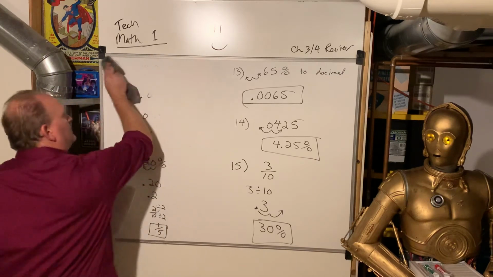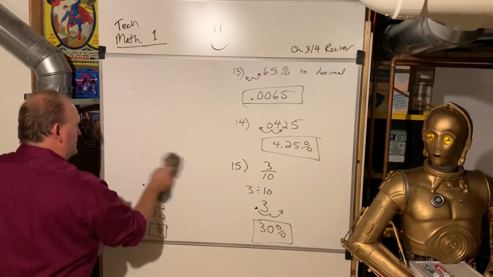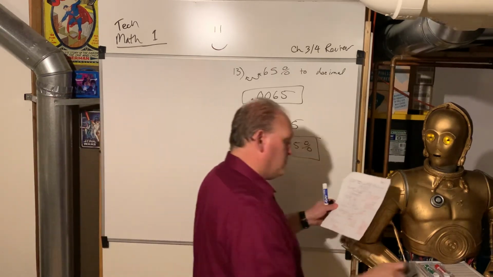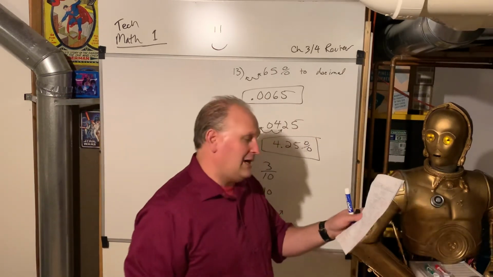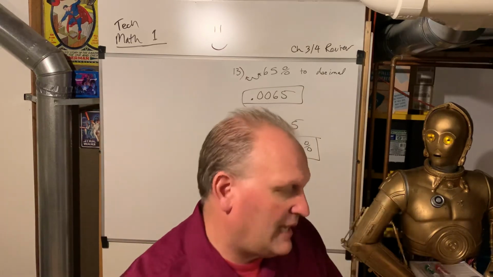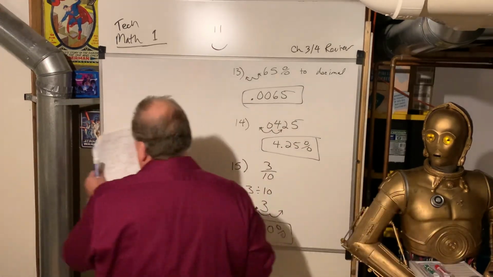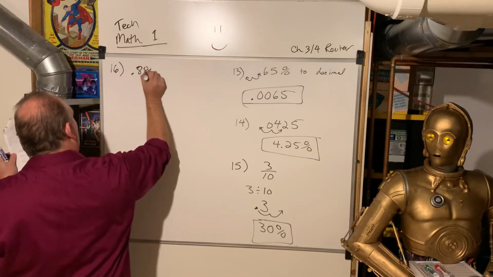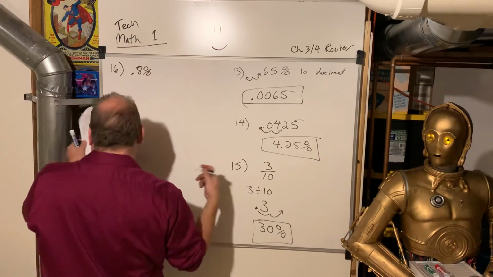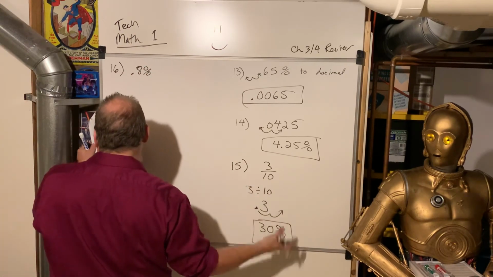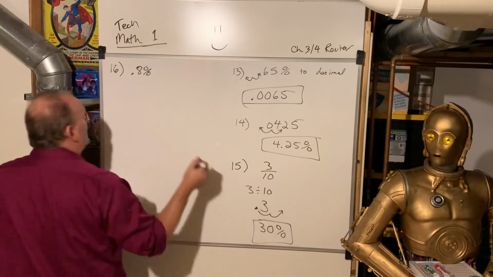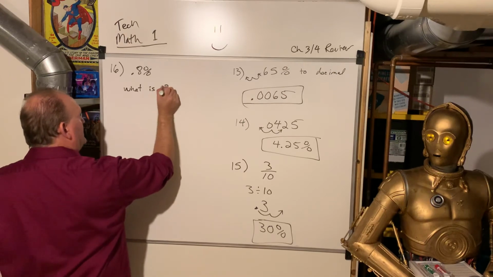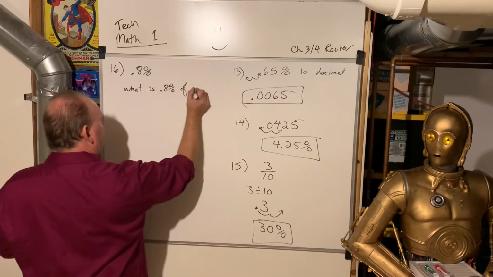Okay, so then 16.8. 0.8% uranium in ore. How much uranium is in 2,000 kilograms? Okay, so 0.8% of uranium in ore, and they have 2,000 kilograms. So what you want is, what is 0.8% of 2,000?